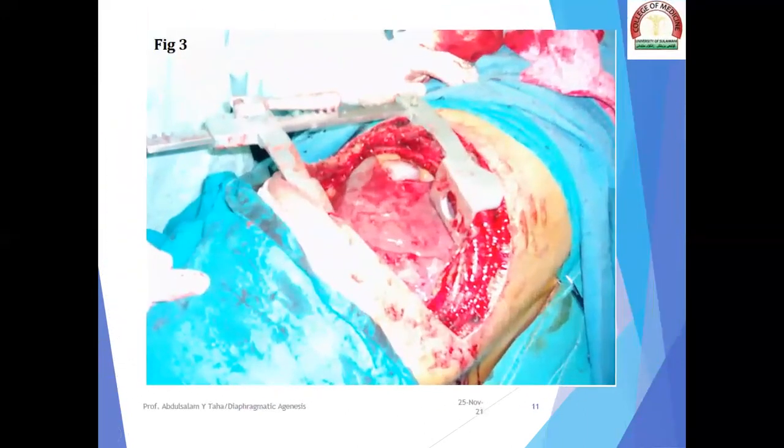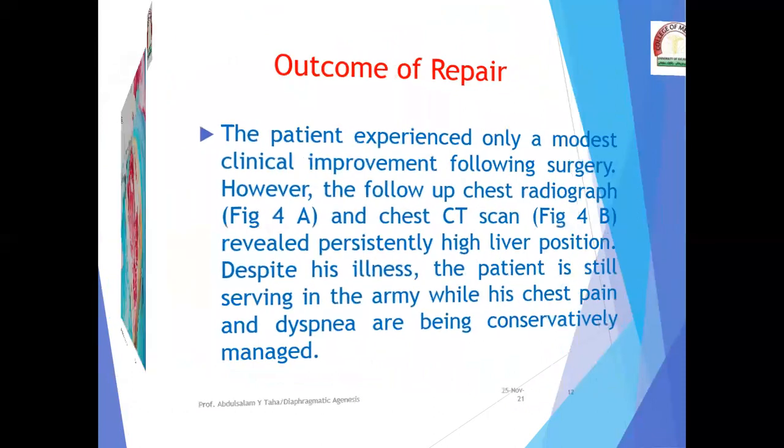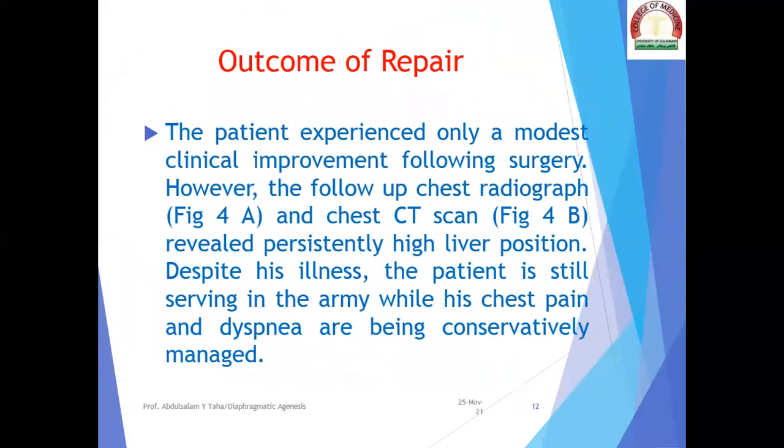So that was an operative photograph at the time of thoracotomy showing complete herniation of the liver into the right chest with missing diaphragm. Outcome of repair. The patient experienced only a modest clinical improvement following surgery.